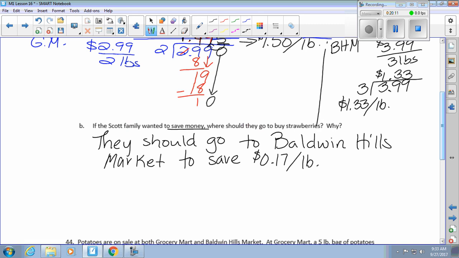So again, if they're buying 1 pound, they're going to save 17 cents. If they buy multiple pounds, it's going to keep going up as far as the amount they save.